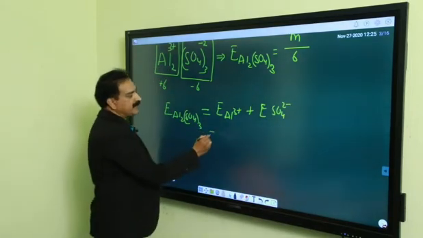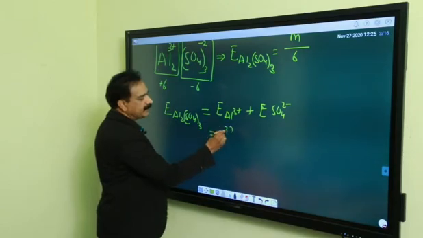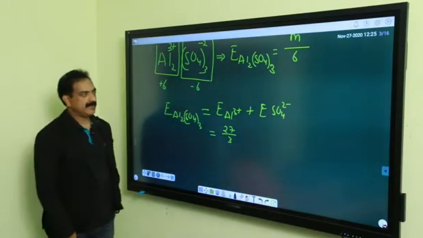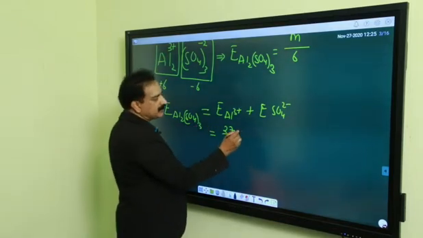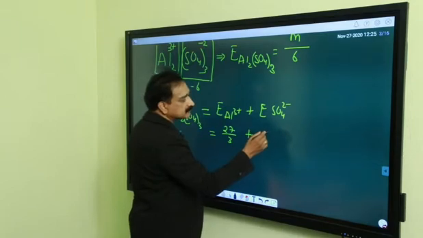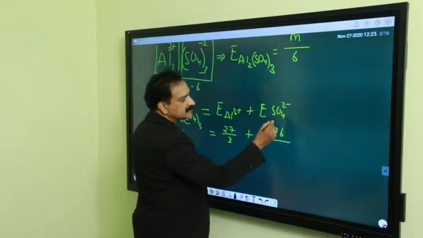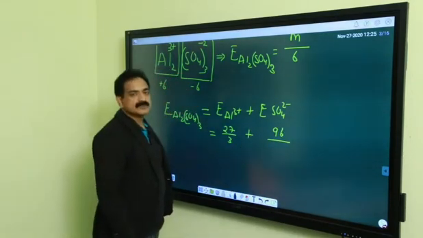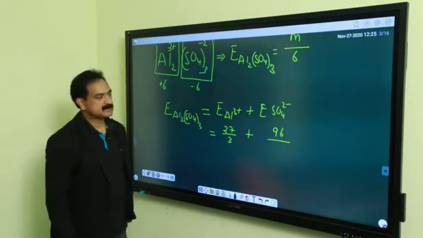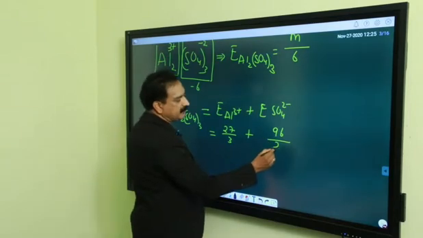Like for aluminium, it is 27 by 3. 27 is the atomic mass of aluminium, and 3 is the charge, plus the equivalent mass of sulfate, which is 96, the mass of 4 oxygen and 1 sulfur. 16 into 4 is 64 plus 32, that is 96, divided by 2.